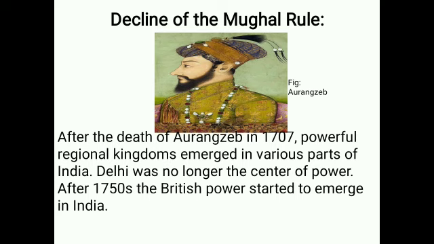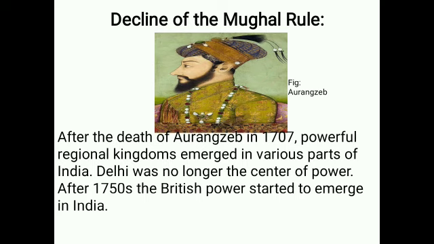Before the coming of the Britishers, the last Mughal ruler was Aurangzeb. You must see this picture. It is a picture of Aurangzeb, who is the last Mughal ruler, and with him the Mughal Empire declined. After the death of Aurangzeb in 1707, powerful regional kingdoms emerged in various parts of India. Delhi was no longer the center of power, but after 1750, the British power started to emerge in India.